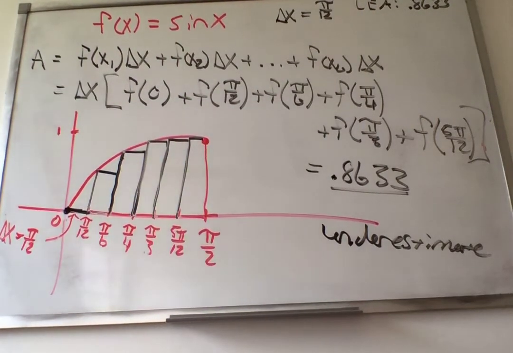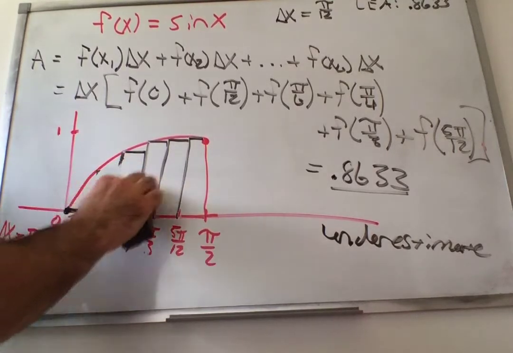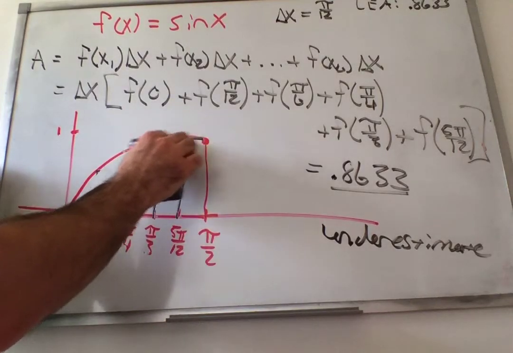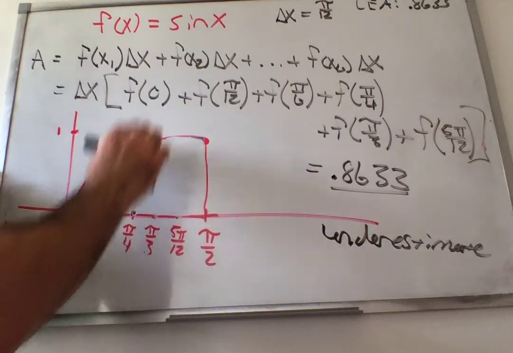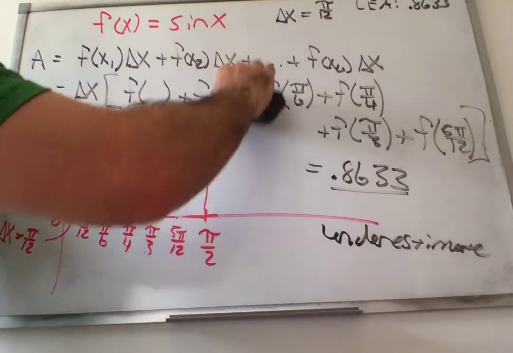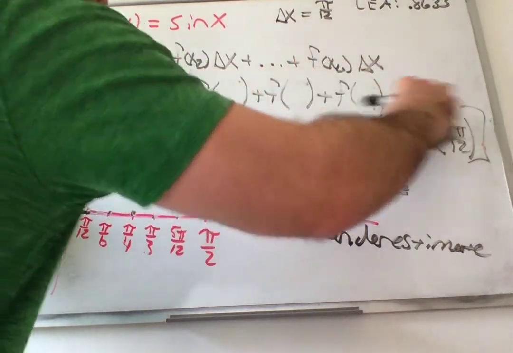Now let's go ahead and do a right endpoint approximation. We can keep pretty much everything we have up here because it's going to look very similar. The only thing that's going to change are these function values.